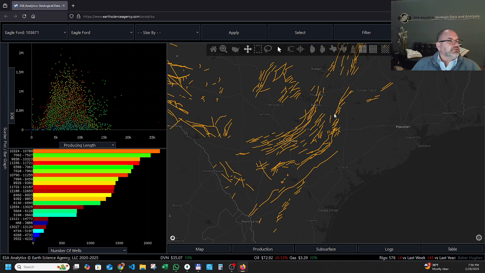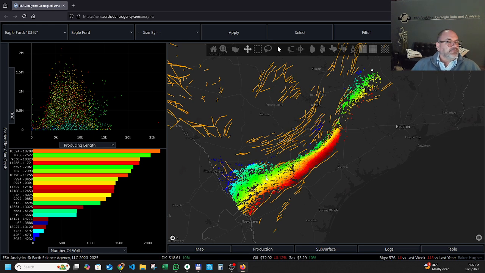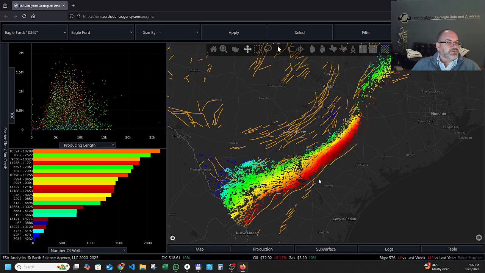So the Eagleford, if I turn this on, we're going to see the depth of the Eagleford formation plotted with the faulting. So you can see the shallower Eagleford is up here in the blue, and as you go southeast, it gets deeper. As you go towards the ocean, it gets deeper. And so this is why this really isn't a basin.